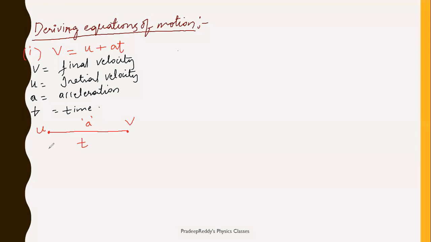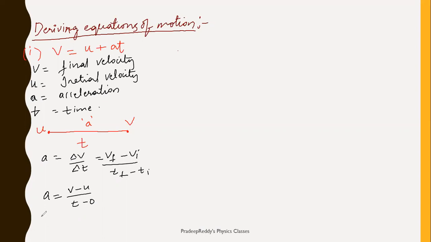Now, as we know, the acceleration equation can be written as a = delta v divided by delta t. Delta v is the final velocity minus the initial velocity, divided by the time interval, final time minus initial time. So clearly you can write acceleration is equal to (v minus u) divided by (t minus 0).